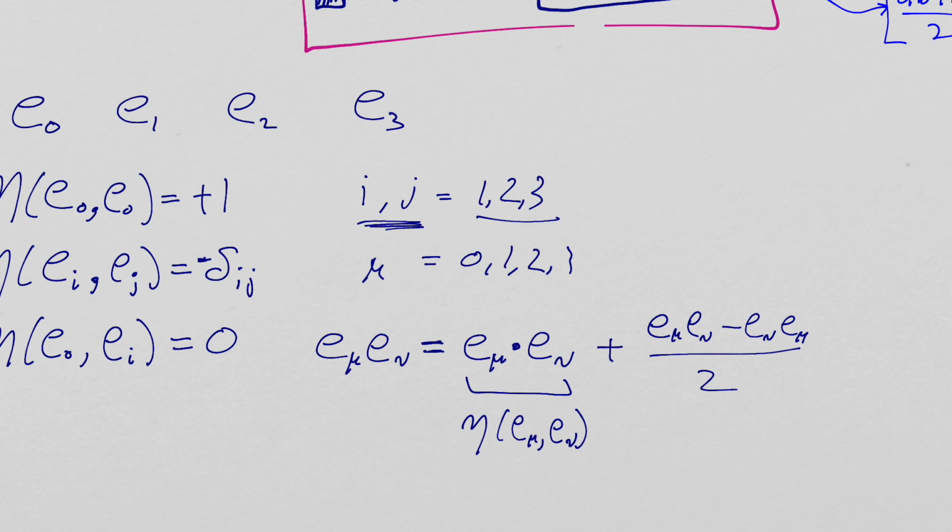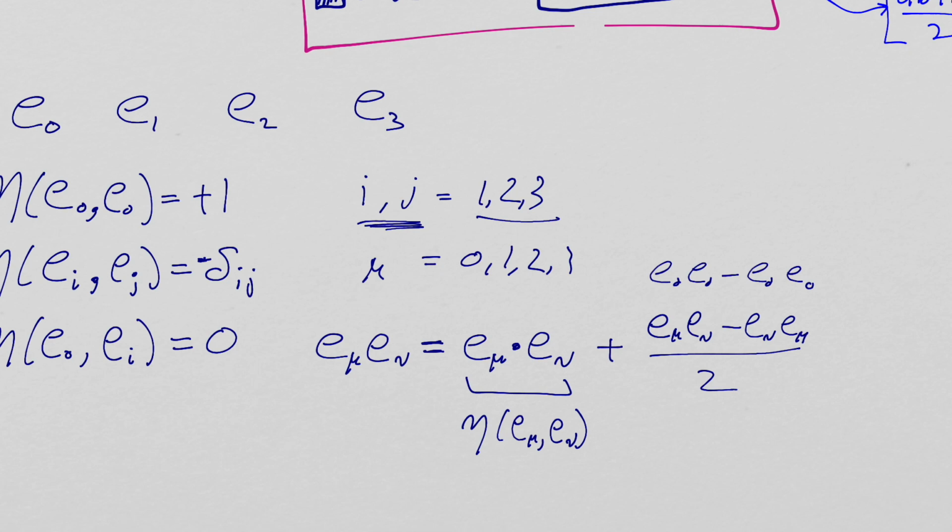But when mu and nu are in fact equal, this term goes away, right? Because if mu and nu are equal, you get something minus itself. For example, you might get E0E0 minus E0E0, right? So what's interesting here is because of the basis we've chosen, if mu and nu are the same, everything in this space-time product of these two basis vectors lives here, and this part, the anti-symmetric part, goes away.